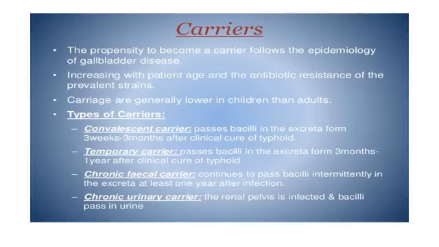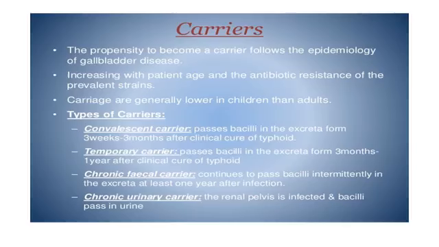The temporary carriers are those who pass the bacilli in the excreta 3 months to 1 year after the clinical cure of typhoid. So temporary carriers can shed the organism up to 1 year. You see how long they are the main source of spreading the infection.